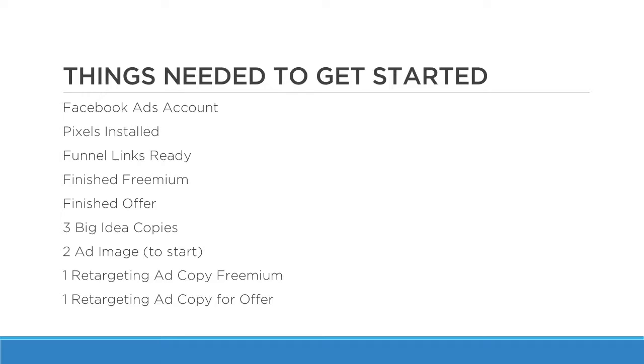So we're going to be moving into that. So you're going to need your 3 big idea copies, 2 ad images to start. We'll move forward after we finish this test, and then 1 retargeting ad copy for your freemium and 1 retargeting ad copy for your offer. Now this is going to be everything you need to move forward and get your campaign up and rocking.